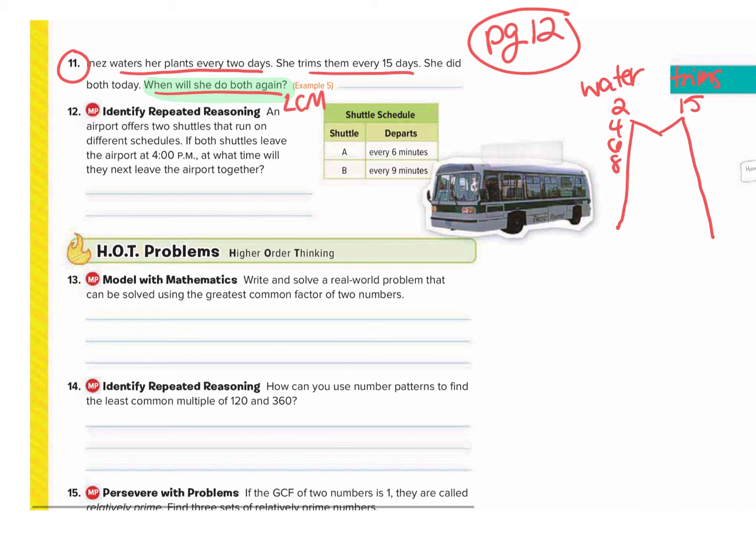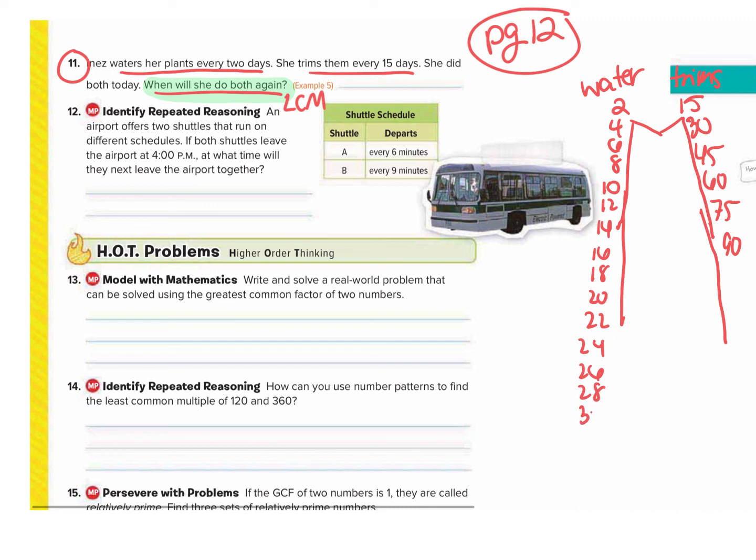So we have 2, 4, 6, 8, 10, 12, 14, 16, 18, 20. We'll stop there for now. 15, we have 15, 30, 45, 60, 75, 90. So I don't see any yet, so I'm going to keep going with my 2s. 22, 24, 26, 28, 30.